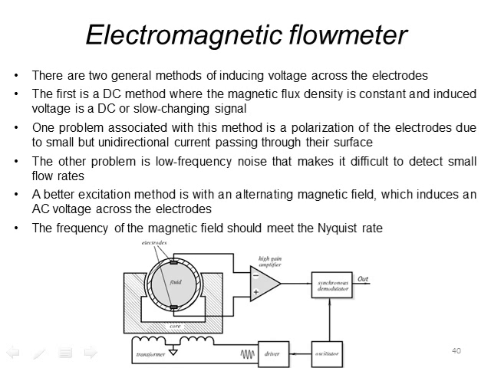So what we can do then is go to an AC type of measurement, where we can reduce the effect of low frequency noise, and the circuit is located on the bottom. In this case, the frequency of the magnetic field should meet the Nyquist rate. You all know this from our sampling lectures: it must be at least 2 times higher than the highest frequency of the flow rate.